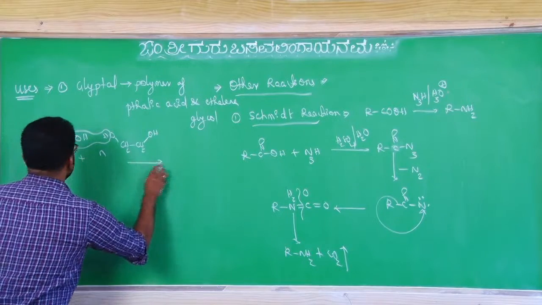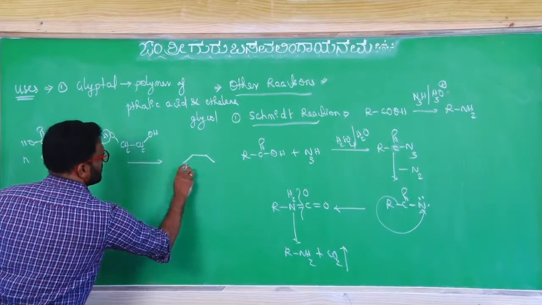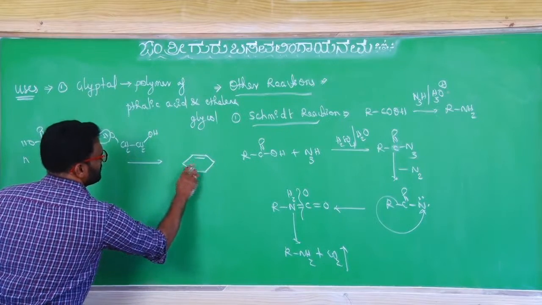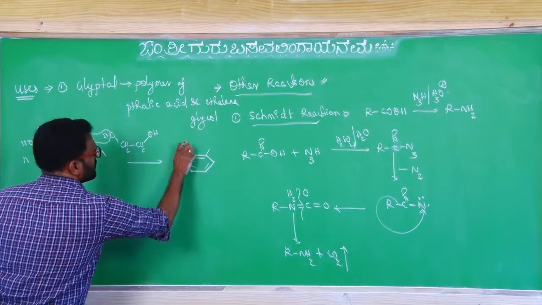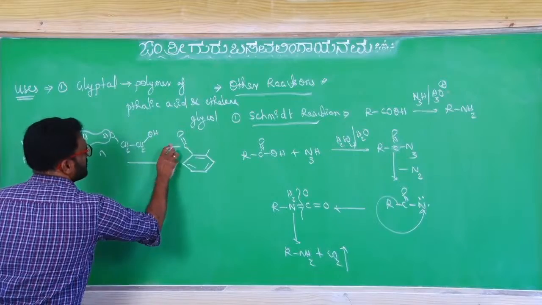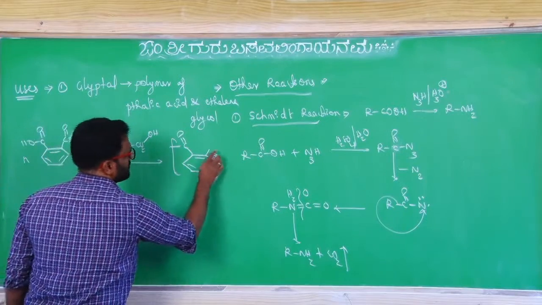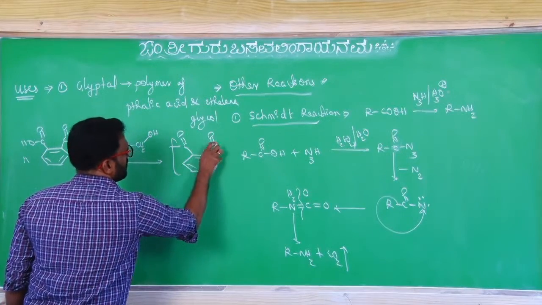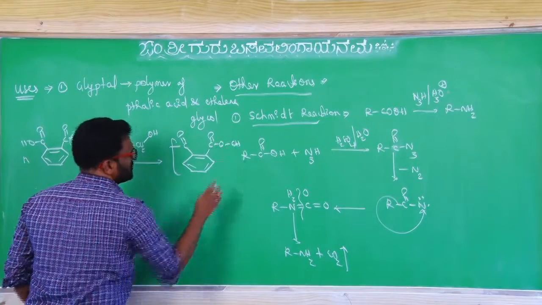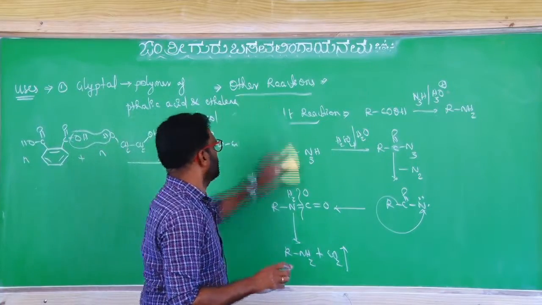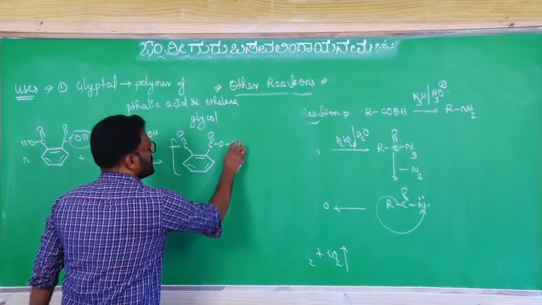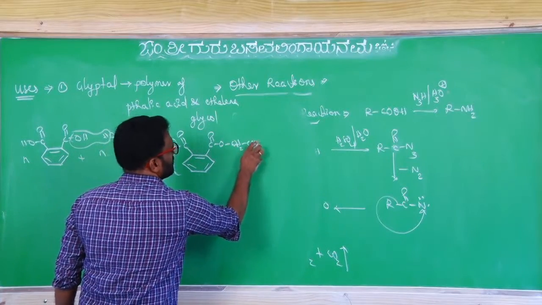The resultant, what will you get here? You will get n number of OCH2, CH2 and CH2.